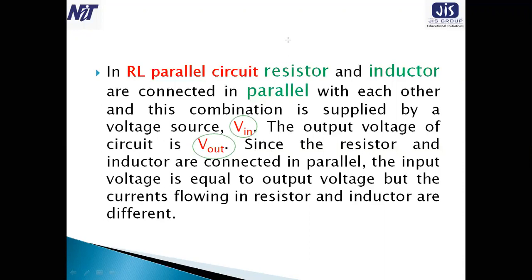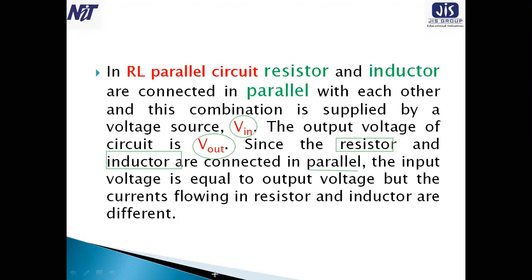Since the resistor and inductor are connected in parallel, the input voltage is equal to the output voltage, because we know that the voltage source is always connected in parallel with the circuit.